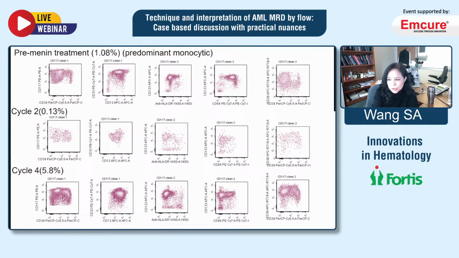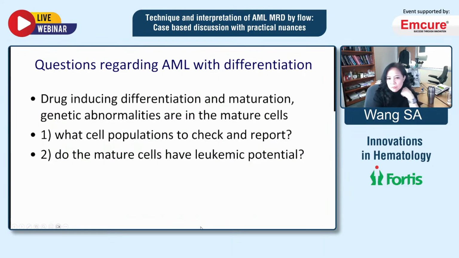The immature cells tend to be the residual leukemic cells, understandably, because monocytes derive from the immature cells. When you have residual leukemia, they tend to stay in the more immature cell compartment. Right? So, to summarize, drug-induced differentiation, maturation.